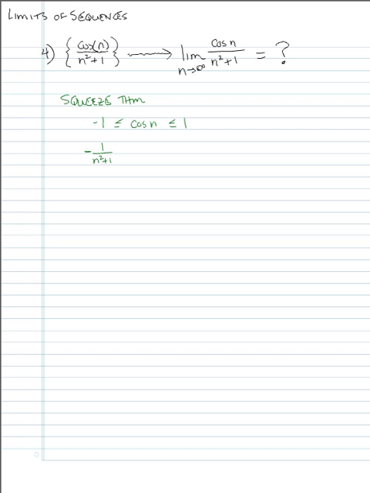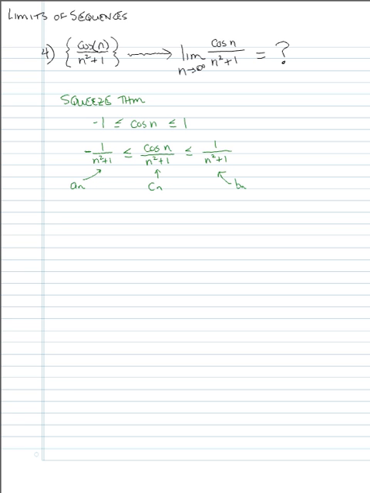So we're going to divide that -1 by n squared plus 1, divide that cosine of n by n squared plus 1, and divide that 1 by n squared plus 1. Now, this is like the squeeze theorem. This is the term a sub n, this is the term b sub n, and this is the term c sub n. We've got this term squeezed in between two other terms.